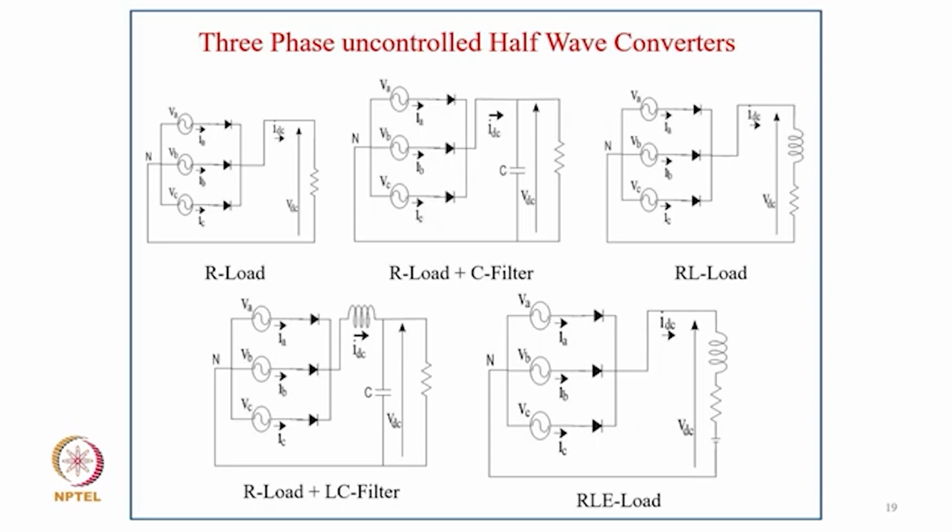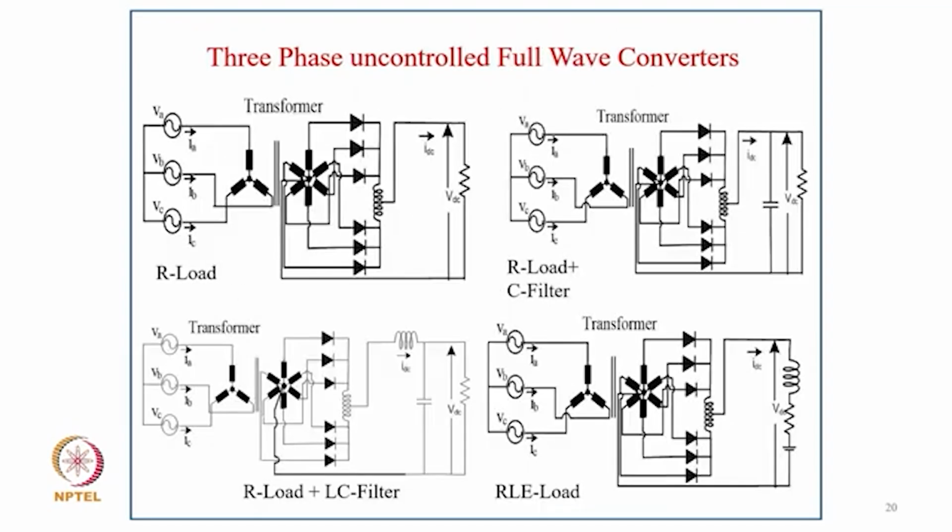Then these are of course the 3-phase uncontrolled half-wave converters with different kinds of load, like resistive load, then capacitive filter with resistive load, then RL load, meaning inductive and resistive load, then LC filter with resistive load, and typically the RLE load.